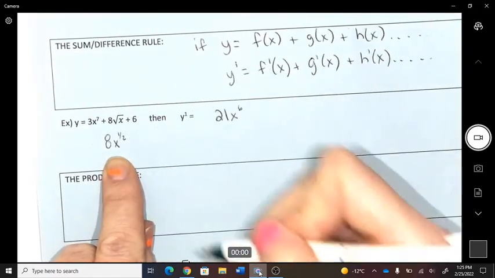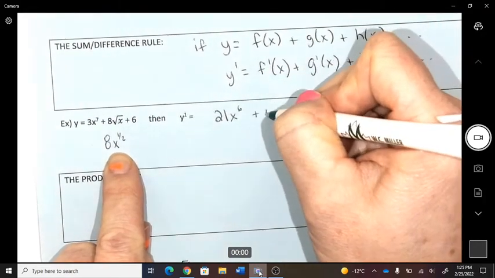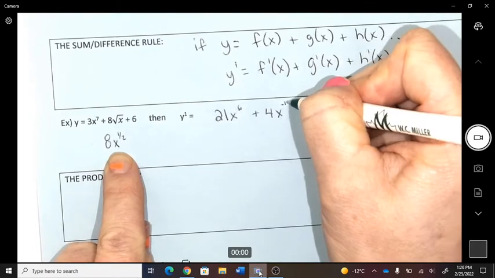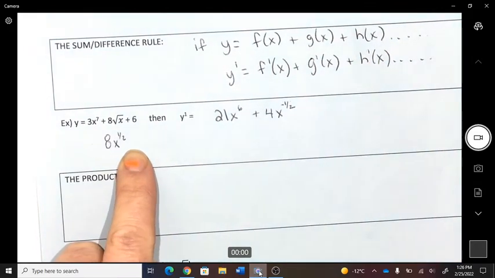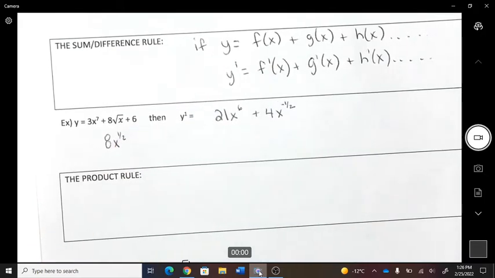To the 1/2. So the derivative is 4x to the -1/2. And what's the derivative of just the whole number 6? 0. So that's it. Okay, here's where we get something new.